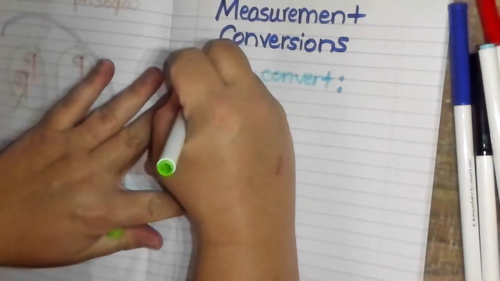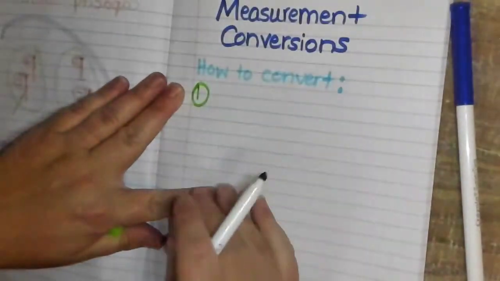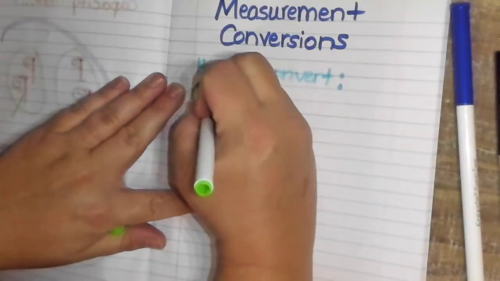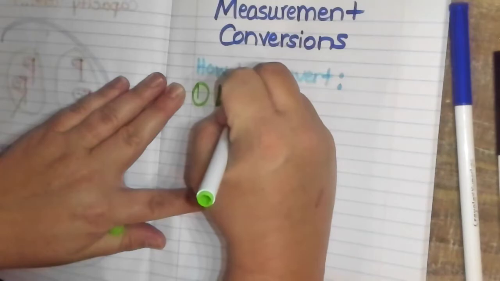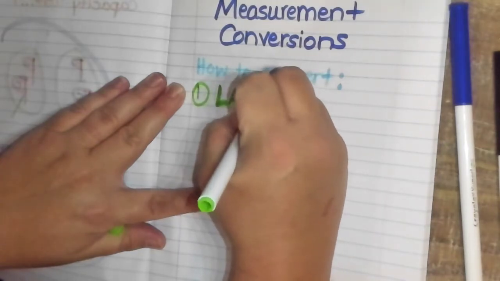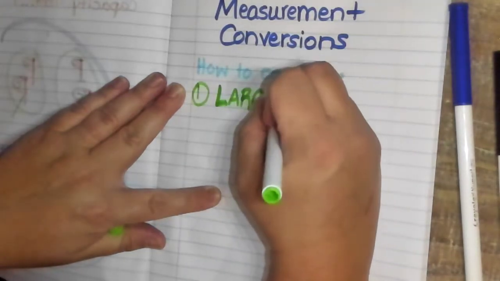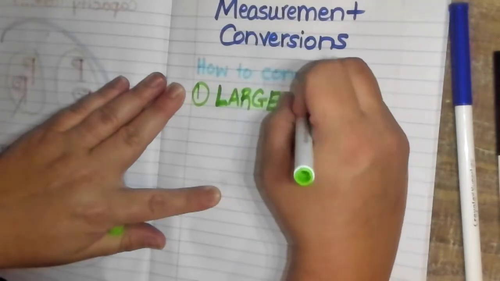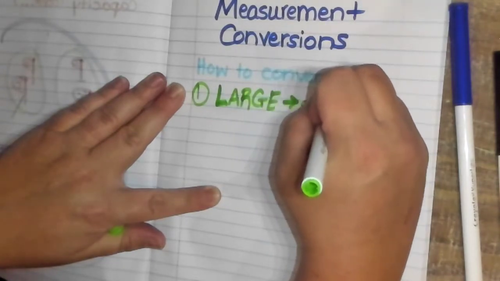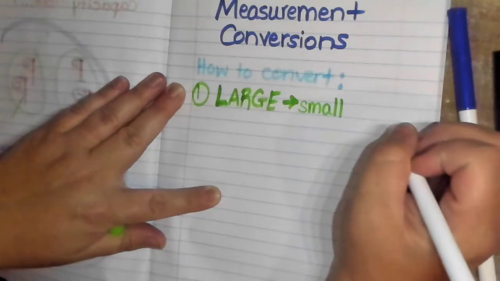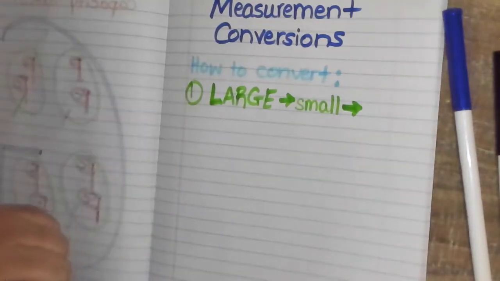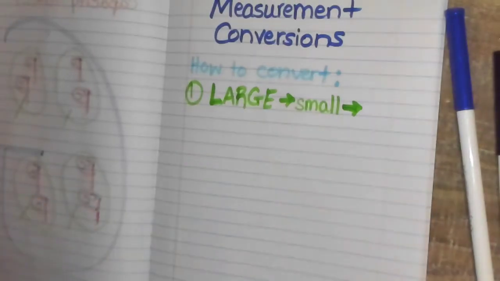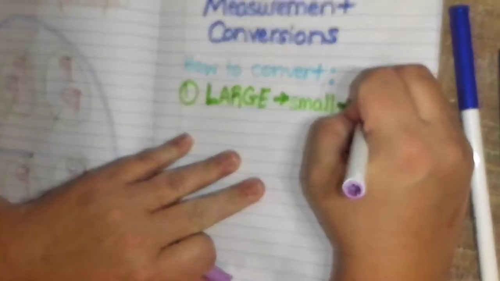Number 1, if I'm going from large, now I'm going to write this in all uppercase, so you'll think of a big number, large, and then I'm going to something small. I'm going to write this in lowercase. I'm going to write this in a different color. Multiply.